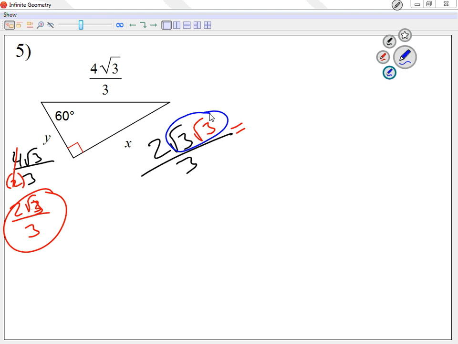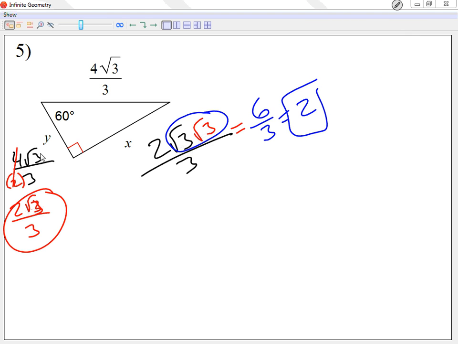So that's 3. So I have 3 times 2, so I'm going to call it 6 over 3, better known as 2. From the small side to the hypotenuse, multiply by 2. Obviously, backwards, you divide by 2. From the small side to the other side, multiply by radical 3.